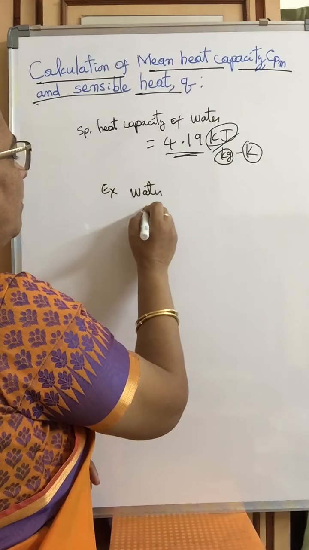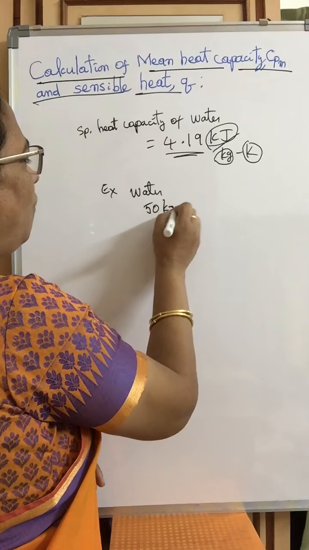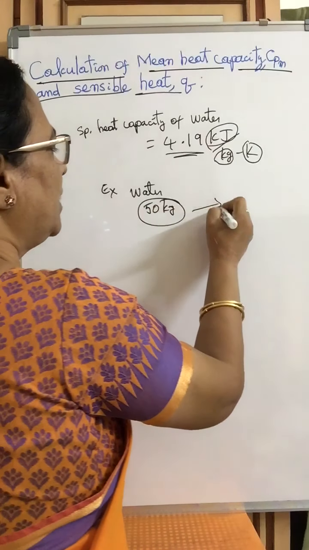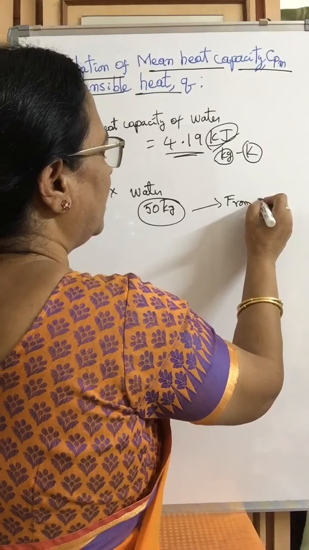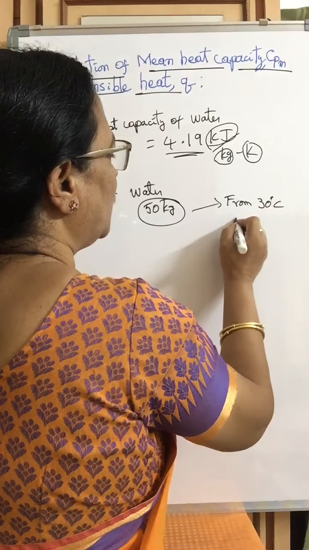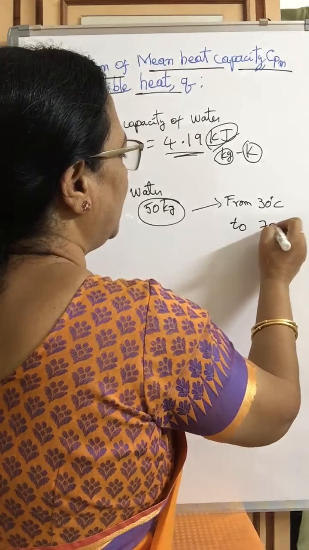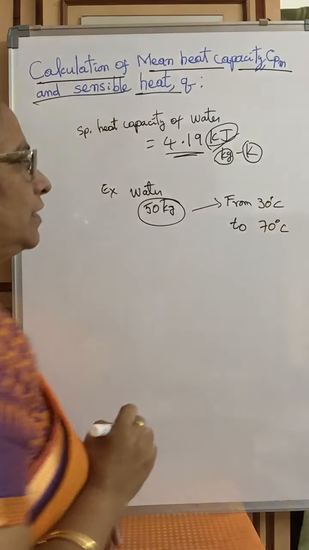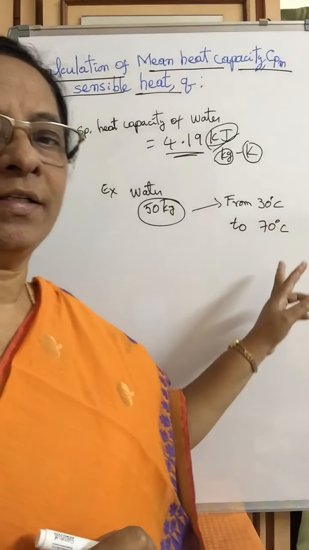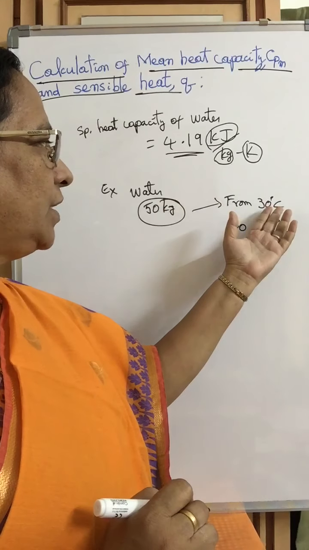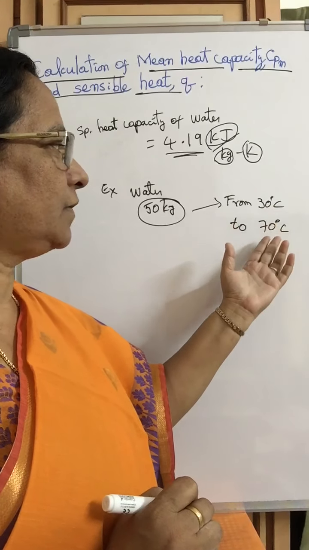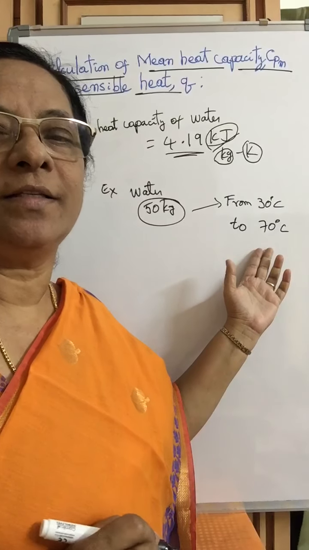Some 50 kg of water is to be heated from 30 degrees centigrade to 70 degrees centigrade. This is the task.